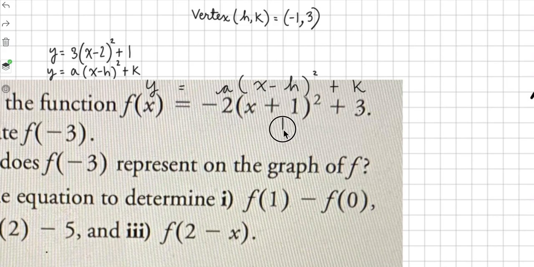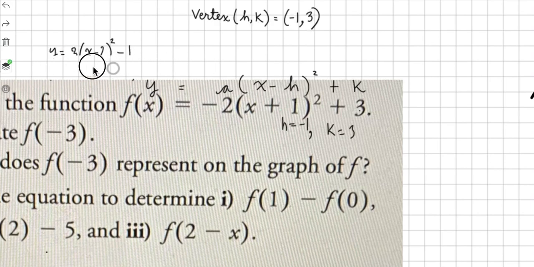The h is negative 1. And what about the k? Positive 3. And in the other example, the k is positive 1. If this were negative 1, then k is still negative 1. Whatever sign you see with the k is the actual sign of the k. But for the h only, we always flip that sign.